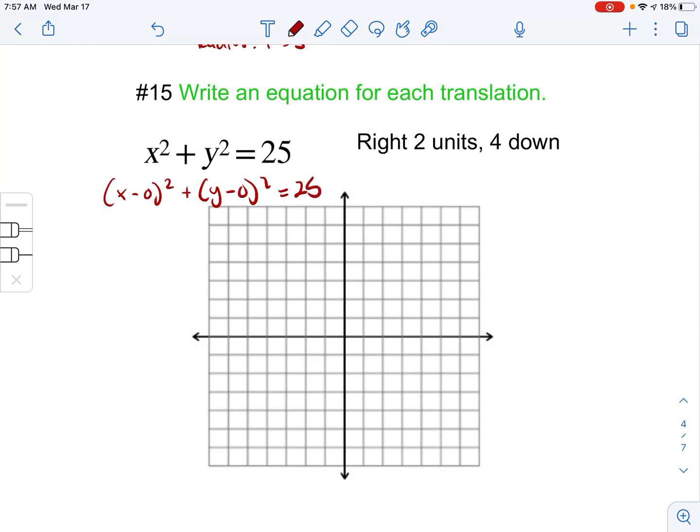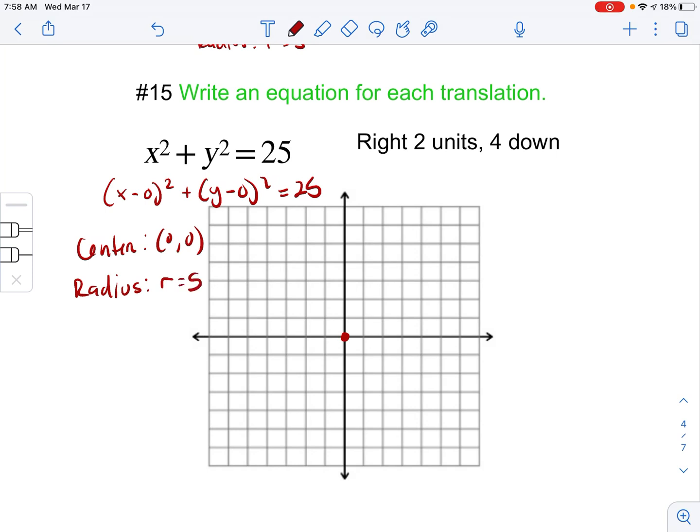So that means my center here is going to be at my origin, 0, 0. Now, in order to be able to sketch this, which means that it's an imperfect graph, we're just giving the general shape. We also need our radius, which is going to be the square root of 25, which is 5.